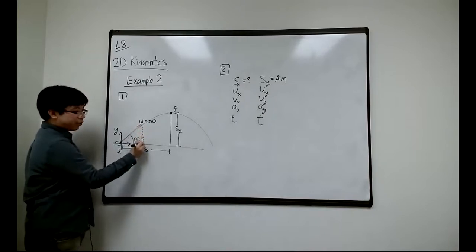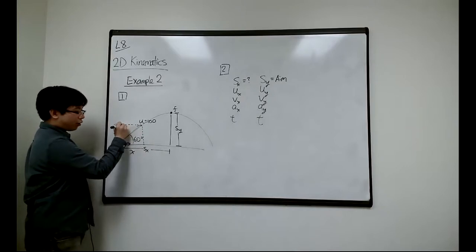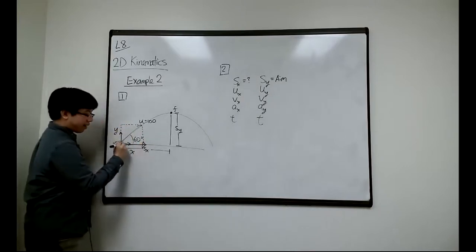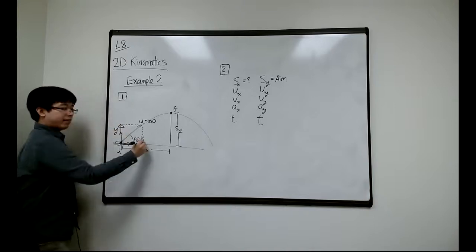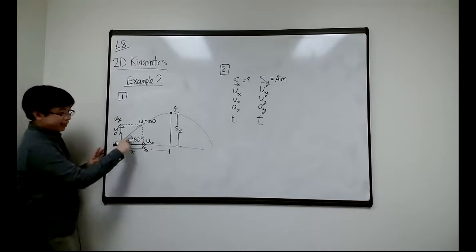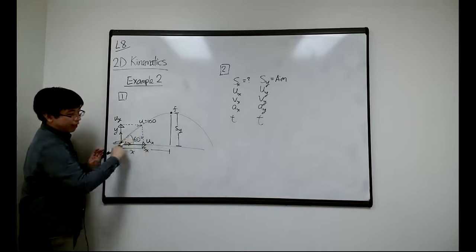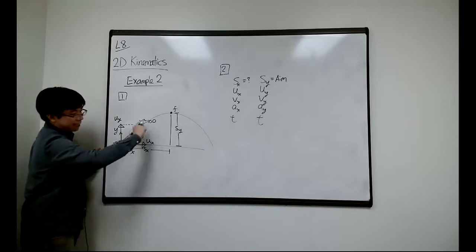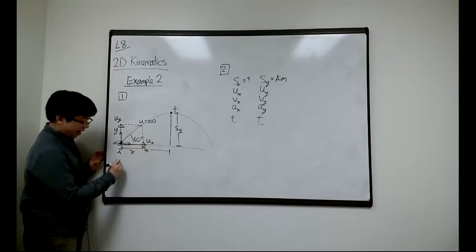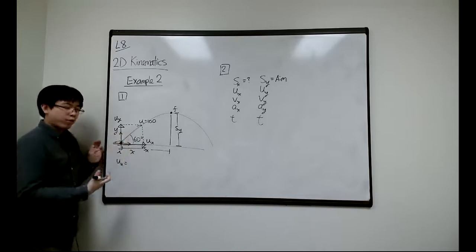So what we need to do is use our knowledge of how to resolve this vector, right? So you have the X component and the Y component over here, UX, UY. All right, we're given the 60 degrees. So you have a right angle triangle over here, right? So you know the magnitude is 100. And now you want to know UX. We can use the quick trick, right?